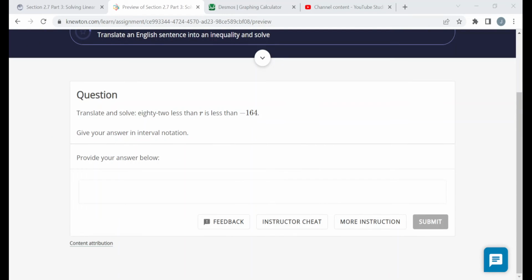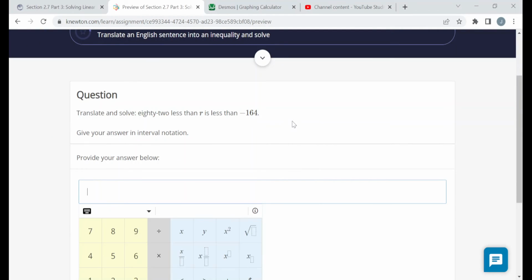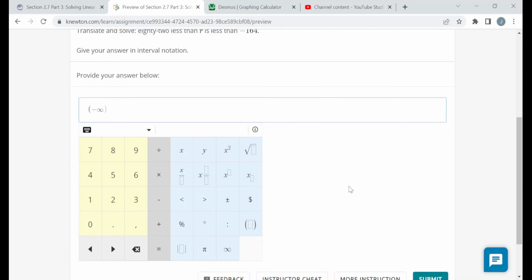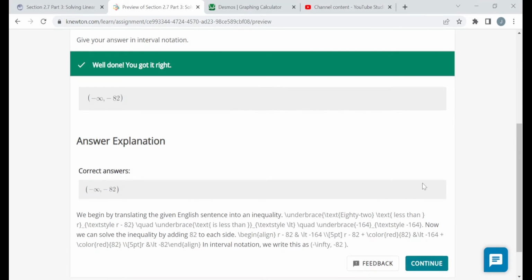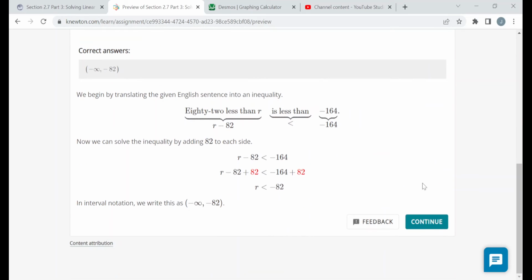Again, I apologize very much for that problem earlier. Okay, so parentheses, negative infinity to negative 82. Parentheses on that as well, because negative 82 is not a solution. Great. All right. Next question.